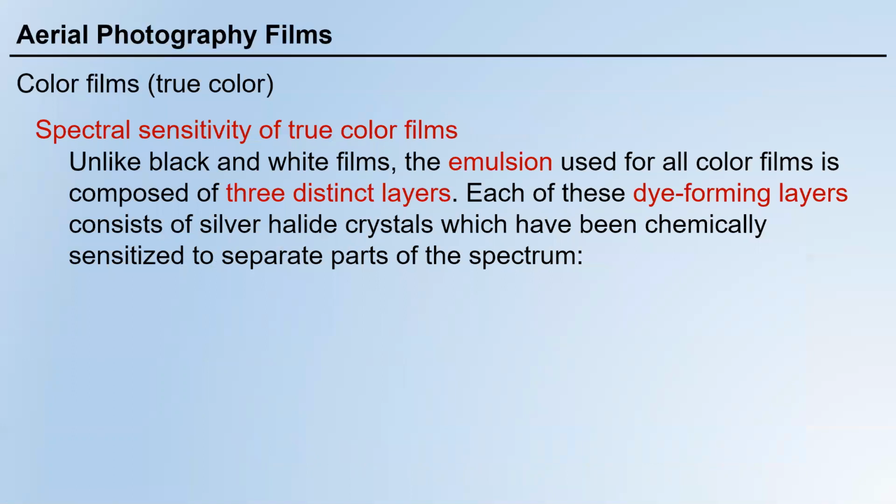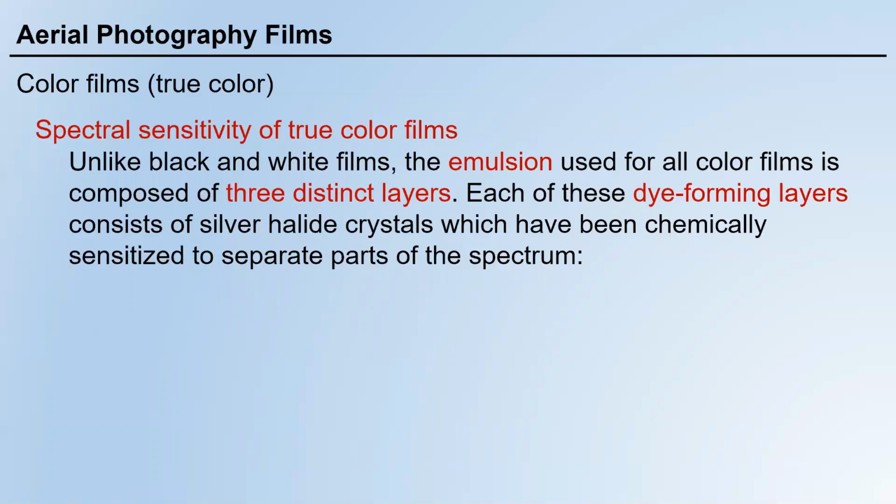So, spectral sensitivity of true color films. Unlike black and white films, the emulsion used for all color films is composed of 3 distinct layers, right? Because here there are not only gray scales, we have different colors.